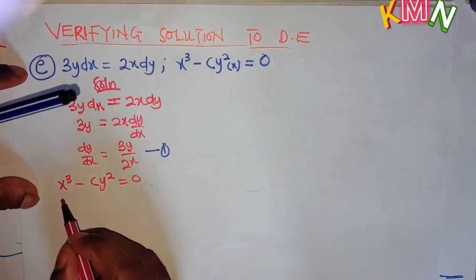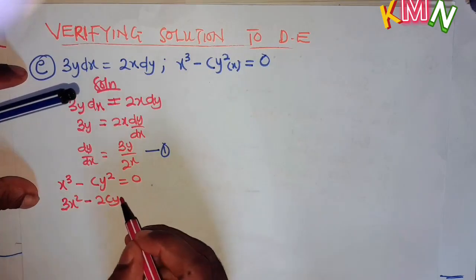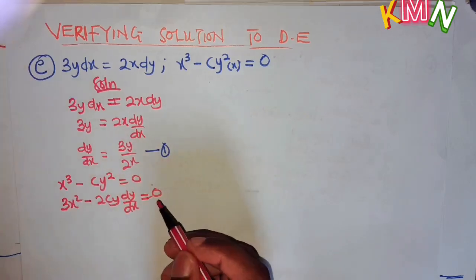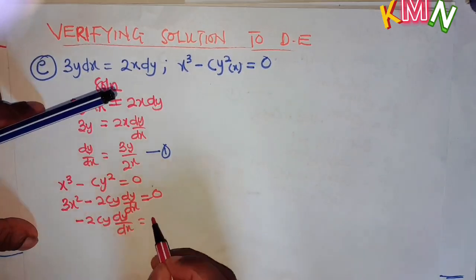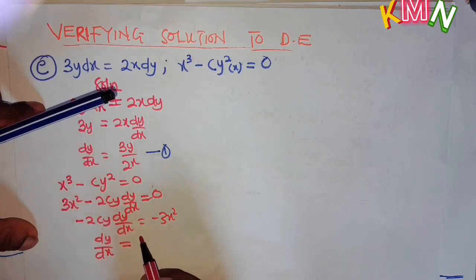Let's differentiate through. We're getting 3x squared minus 2cy dy dx equals 0. We're going to have 2cy dy dx equals negative 3x squared. So our dy dx will be 3x squared on 2cy.